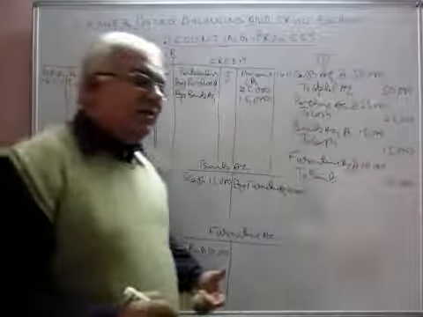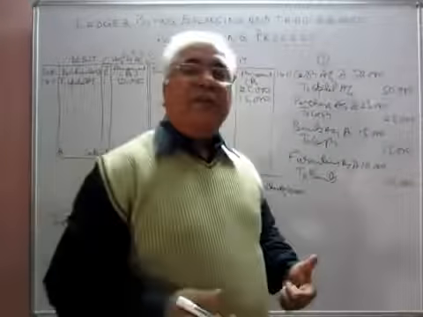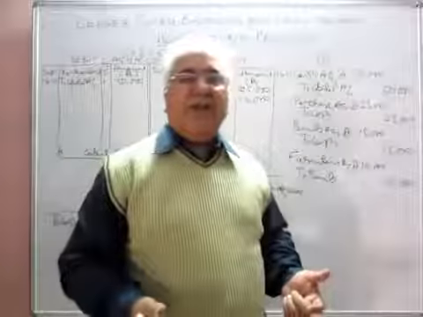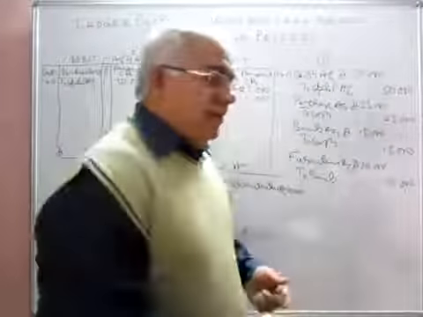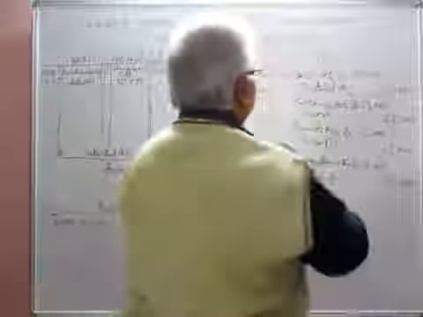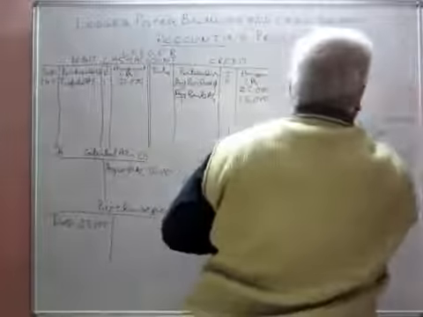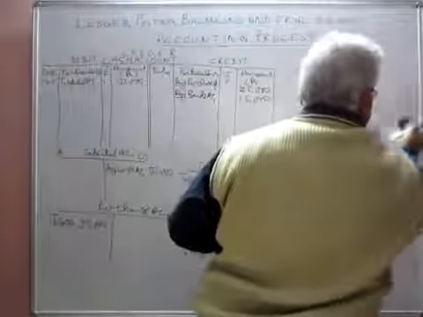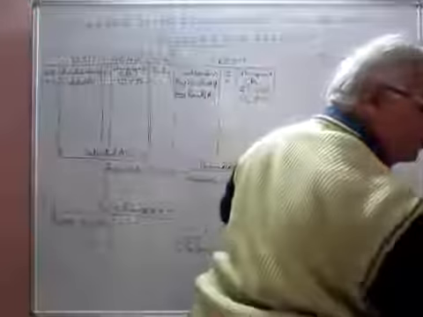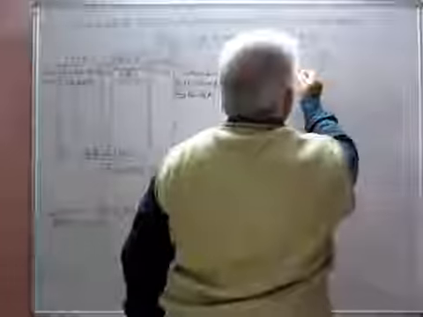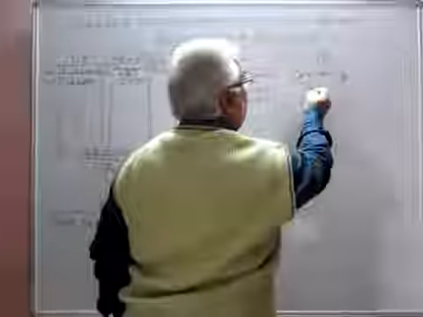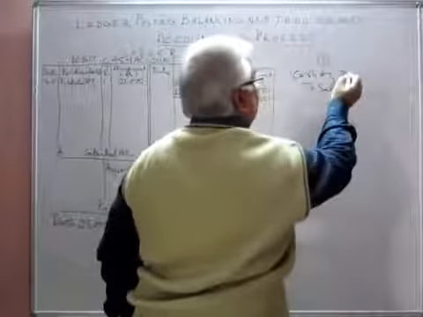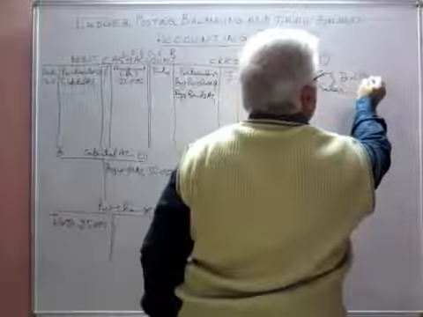And let me take another journal entry. If we sell goods for cash, our entry will be cash account debited to sales. Let us take it. Cash account debited to sales, say 28,000.